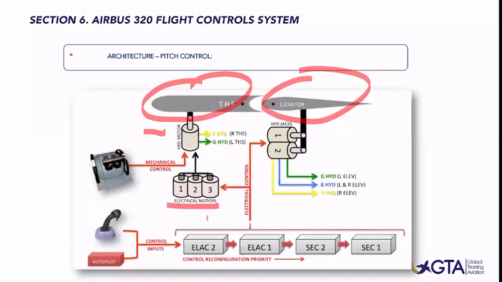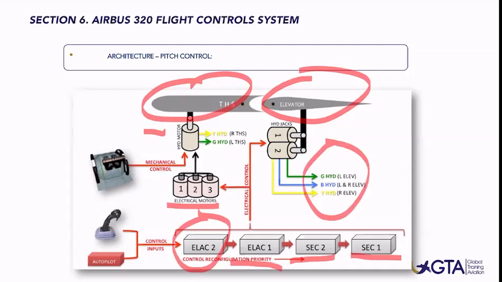In case the ELAC2 fails, the ELAC1 will take control, and so on for SEC2 and SEC1. For the THS, we need yellow hydraulic and green hydraulic pressure. And for the elevator, we need green hydraulic, blue hydraulic, and yellow hydraulic pressure.